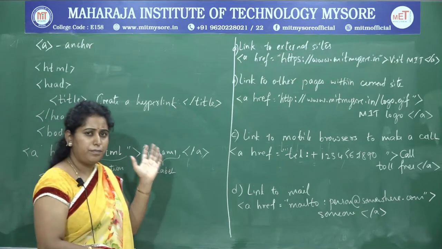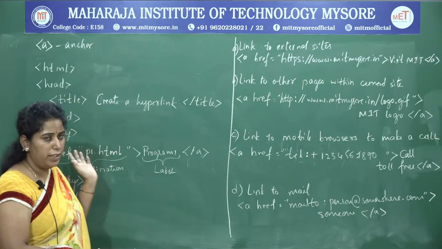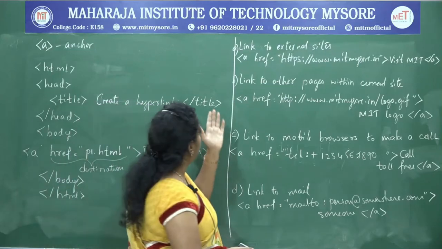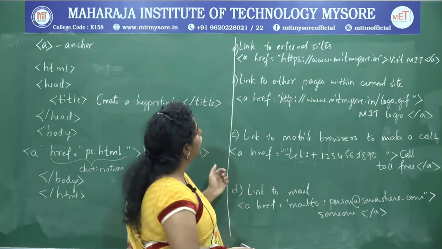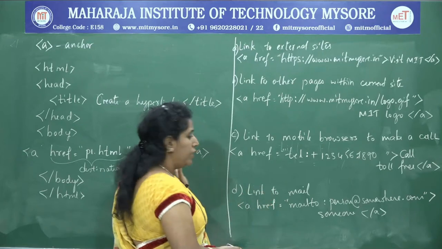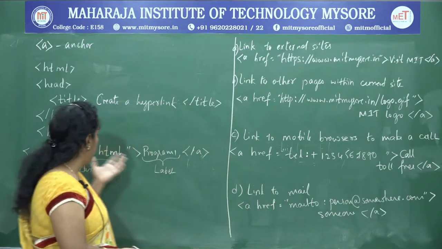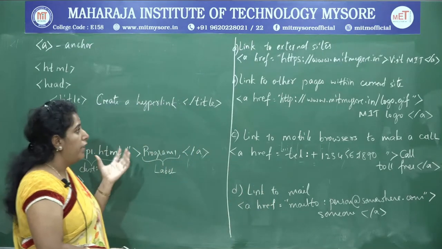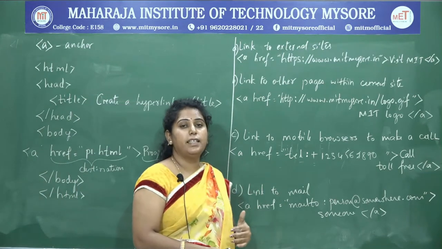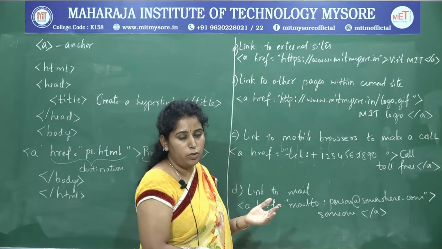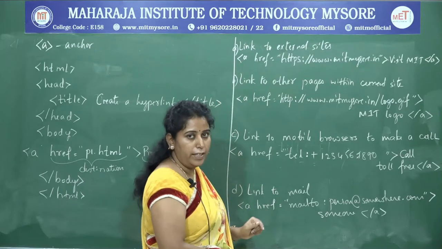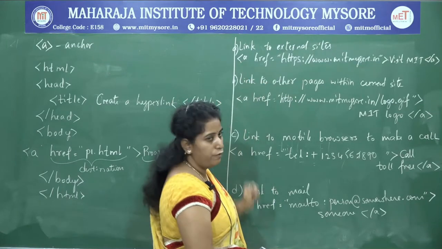There are certain applications of using a hyperlink, that is the A tag. For example, you can take up the first example, link to external sites. So it means that not only for local files, the anchor tag can be used for accessing external sites also. So for example, you can notice A stands for anchor tag, hypertext reference.